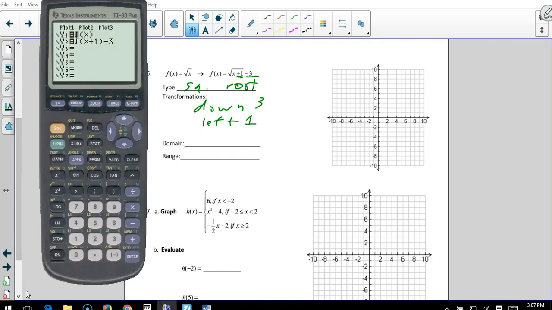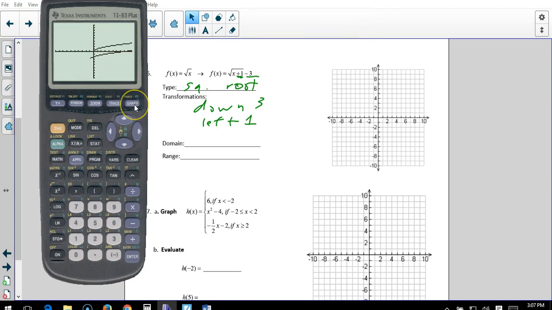Okay, so I've entered this in, square root of x. Now remember, on your calculators, if you use these ones, they actually put the radical over the x and you keep going until you arrow out. So once you hit that 1, you right arrow, come out from underneath the radical and write the -3. So when I graph this one, there's what I get. Okay? And I can go to my table and get my points.